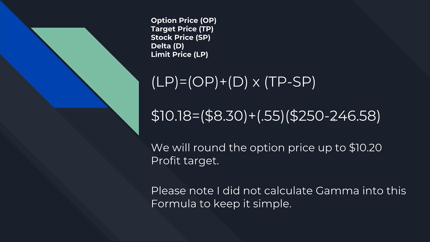So if you take 250 minus 246.58, which leaves you about $3.42, and you times that by delta, and then add that to $8.30, you come out to $10.18. And we're going to round that up to $10.20 because I'm probably not going to get filled at 10.18.